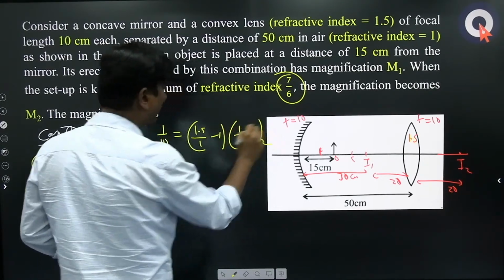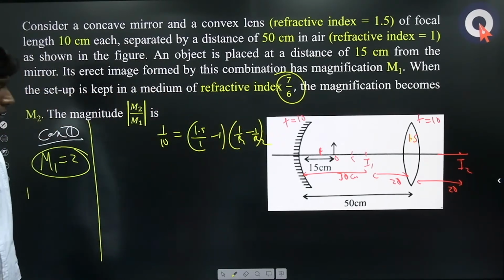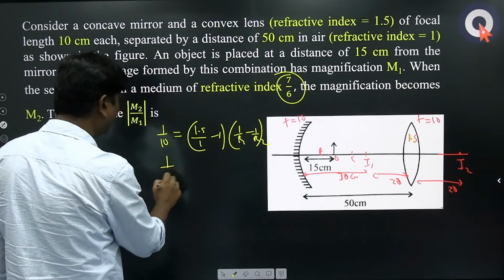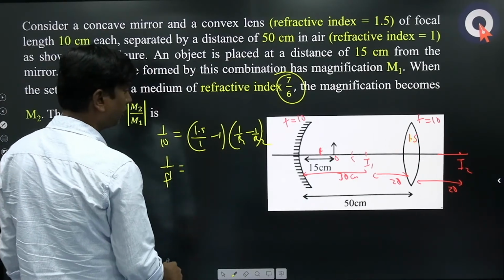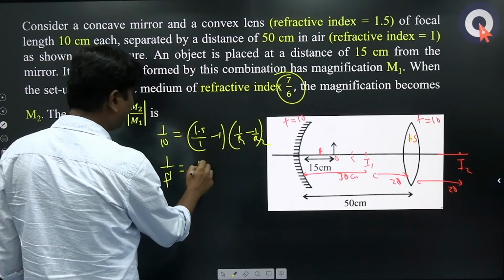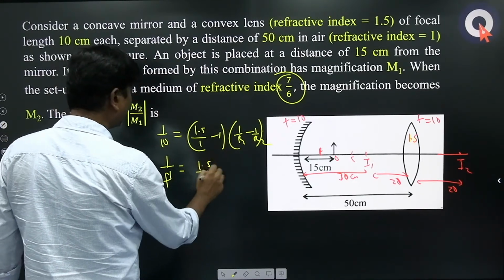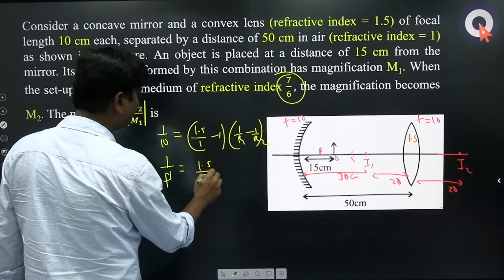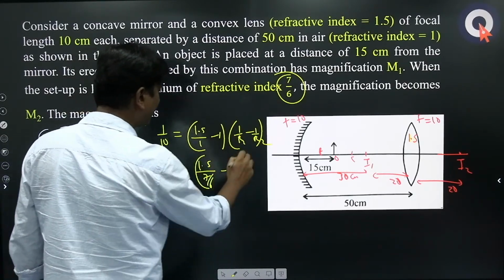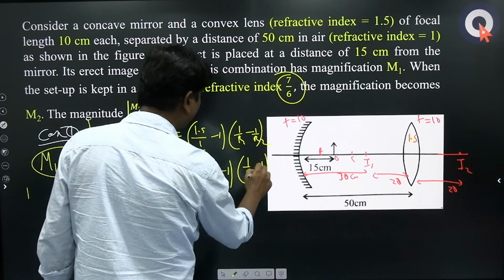They did not give R1 or R2. Keep it like that. Next you want the new focal length f dash, which is again made up of 1.5 only, by which medium you are keeping, that is 7 by 6, minus 1 into the same bracket 1 by R1 minus 1 by R2.